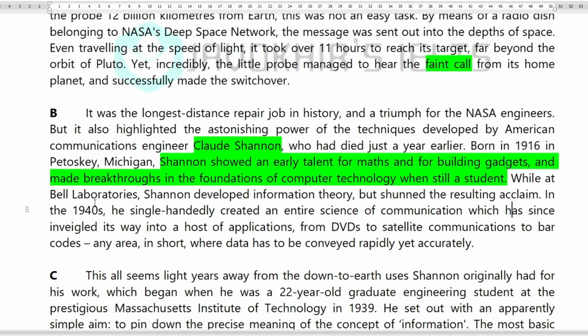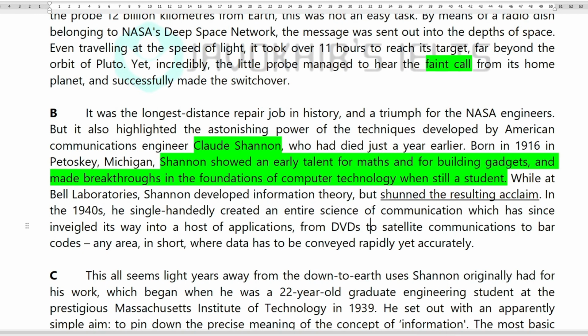While at Bell Laboratories, Shannon developed information theory, but shunned the resulting acclaim. A very nice one. So the word shunned means to avoid something, so to avoid public approval. So shunned a resulting acclaim is like avoided or ignored public approval, with praise.